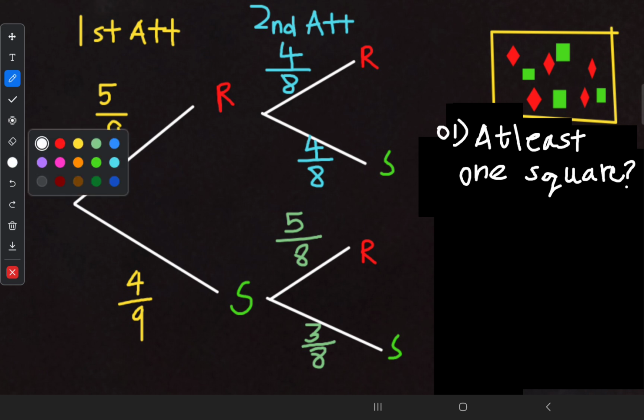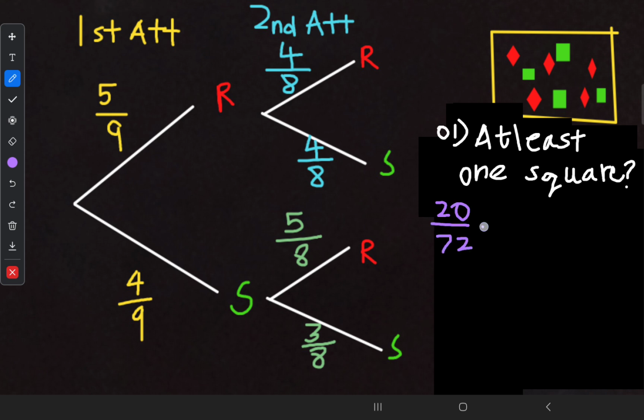At least one square. So that means this event: multiplication, 5 fours are 20 upon 9 eights are 72, plus this one also possible, 5 fours are 20 again upon 72. Here we have two squares.